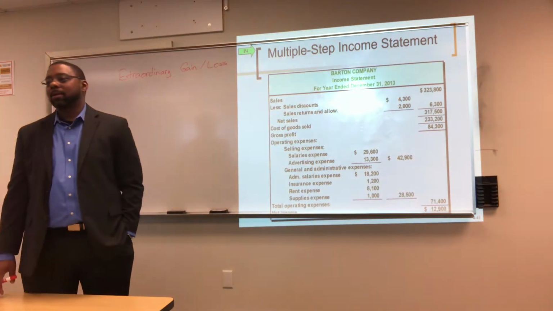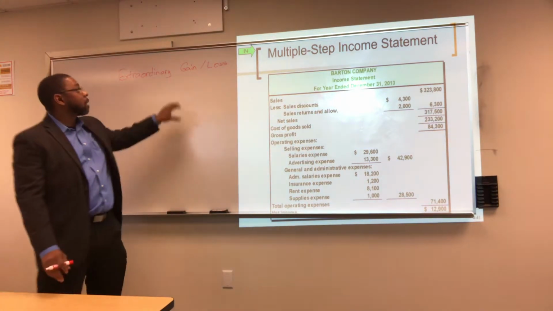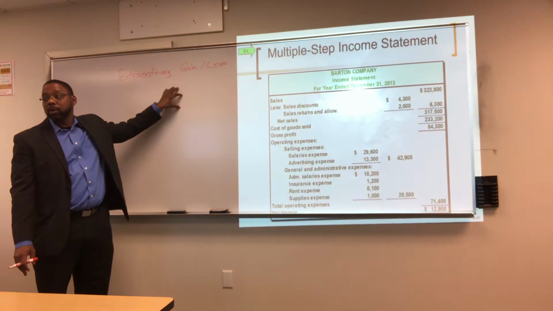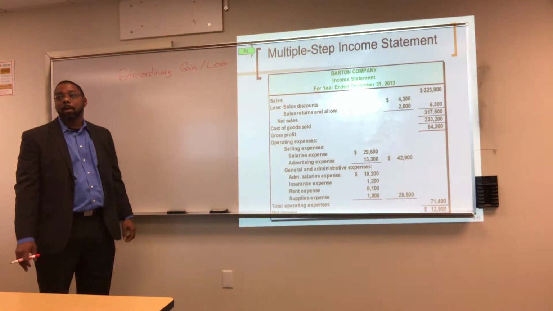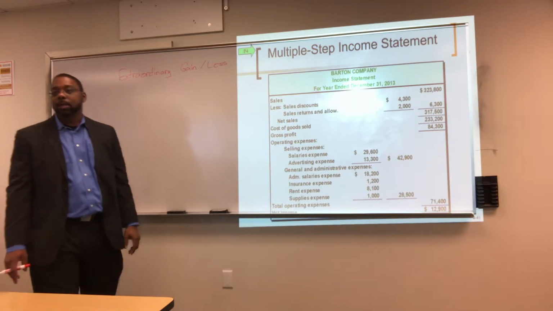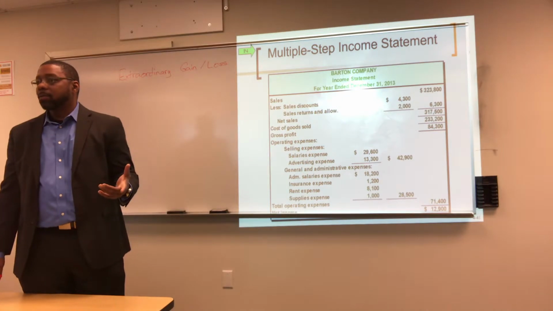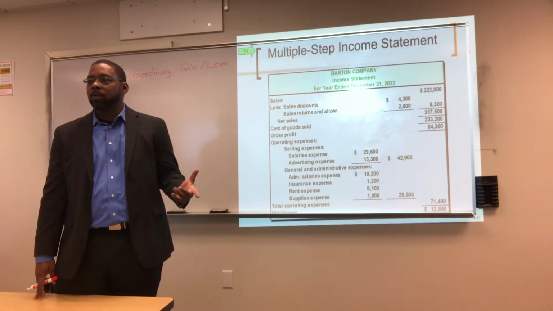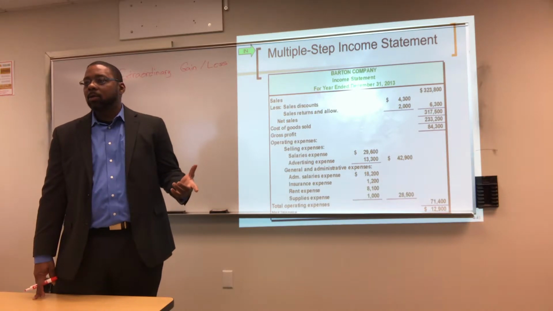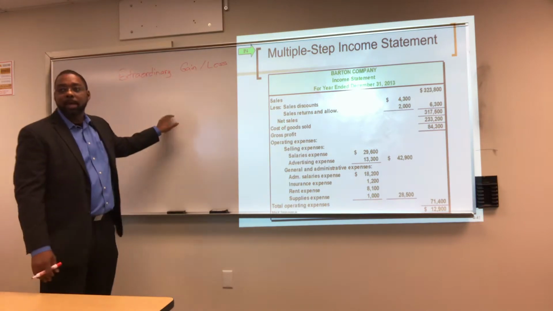Can you give an example of a gain? So I said, if you sold your building and made a profit on it, that would be a gain, something that happens once. Another thing that might be a gain is, for instance, you do a transaction with an overseas company and you make money off of the currency exchange. That's a one-time gain.